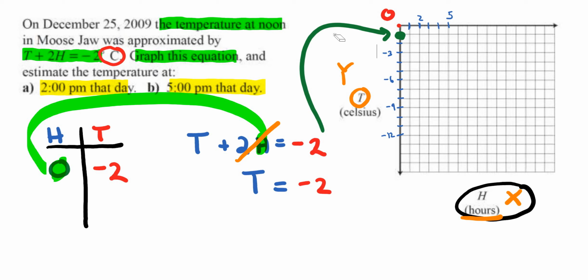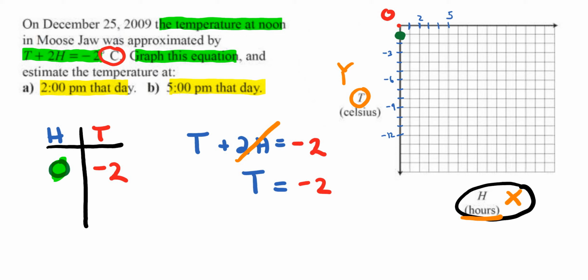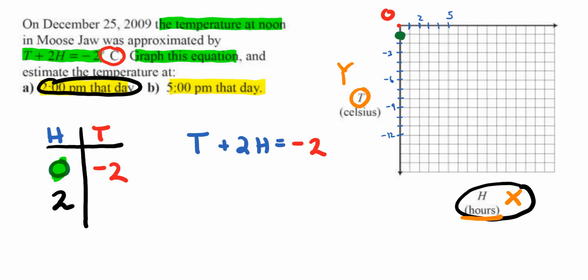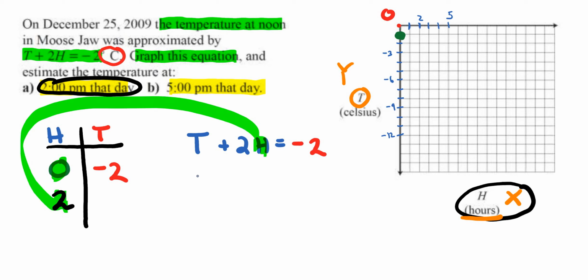Okay, and then after that, let's figure out the rest of the problem here. I need to find the temperature at 2 p.m. that day, so I'll put hours as 2. That represents 2 p.m. And let me go back now and fill in my chart here, where this 2 now represents this h. So this would mean t plus 2 times 2 equals negative 2.